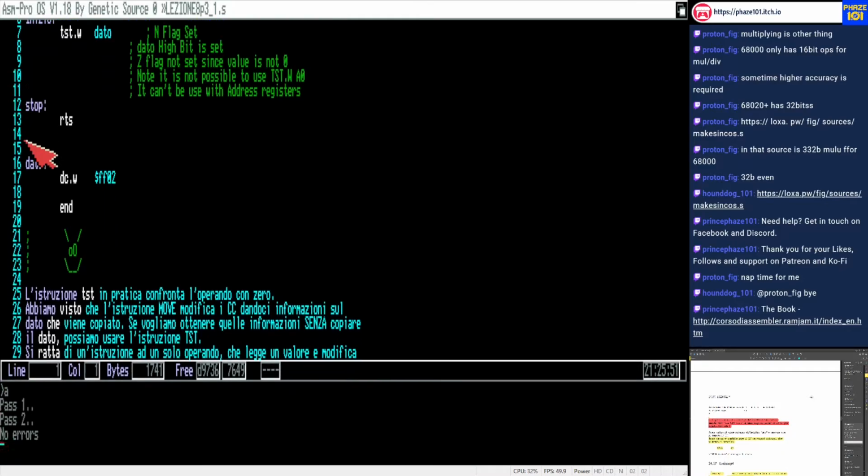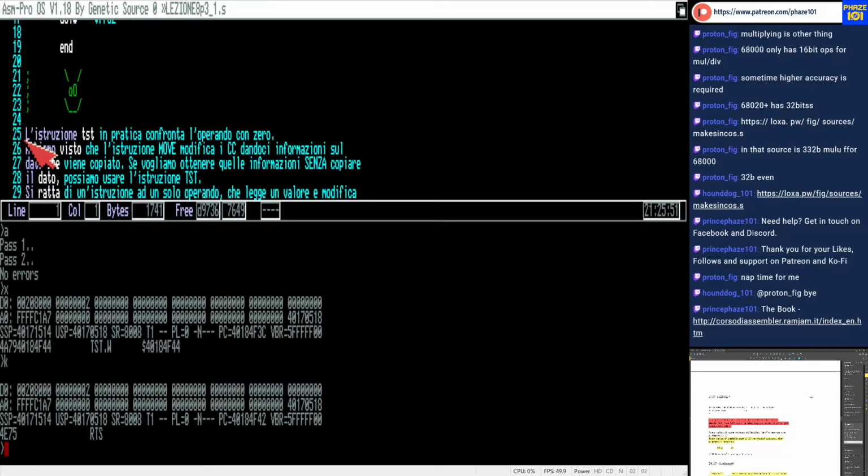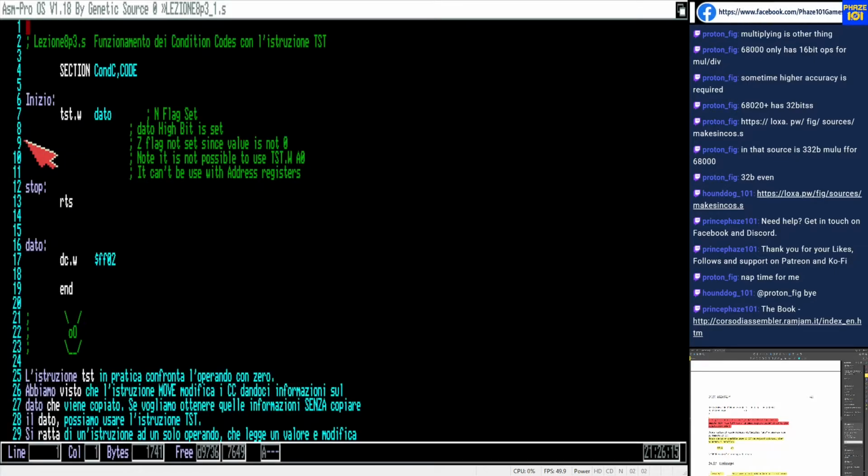So assemble it, display the registers. You can see, because data doesn't have a value of 0, the Z flag is not set, but we have a negative number there. Because we have a negative number, the N flag is set. So just keep that in mind, that we also get the sign when doing a test for 0 or not.